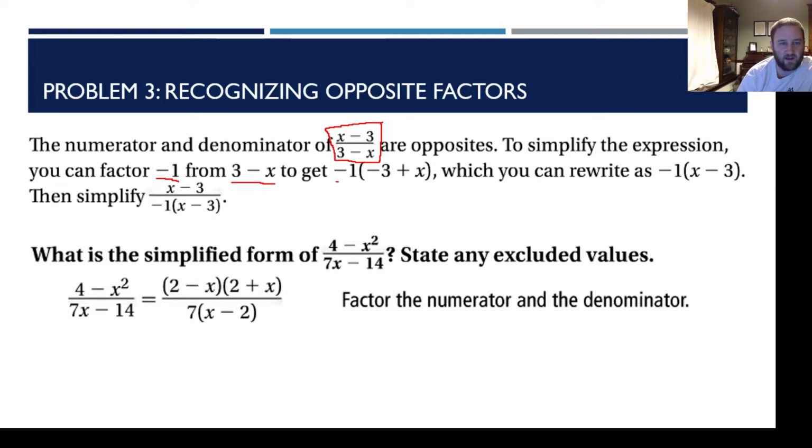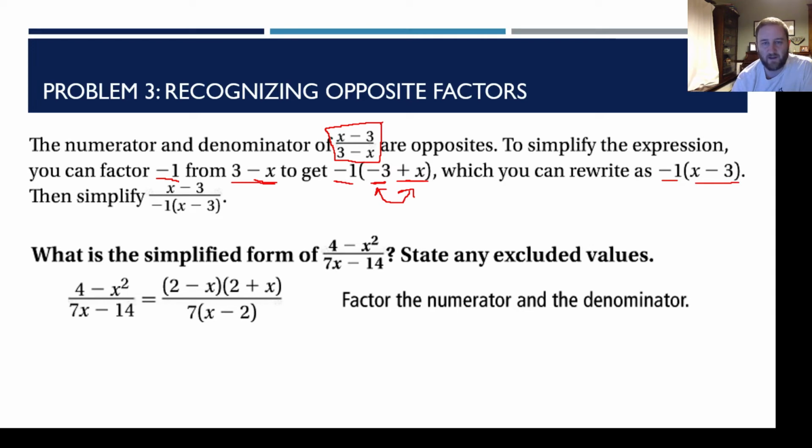If we took negative 1 from this, 3 divided by negative 1 is negative 3. Negative x divided by negative 1 is a positive x. So this becomes negative 1 times negative 3 plus x, which you can rewrite as negative 1 times, if we flipped the negative 3 and the positive x, x minus 3.